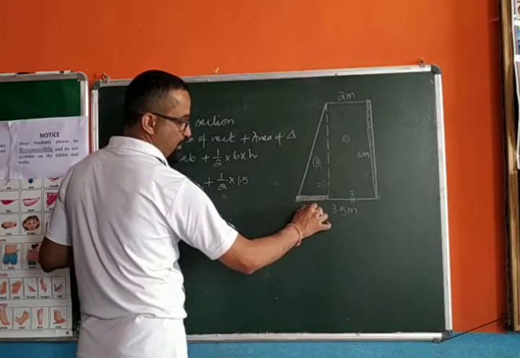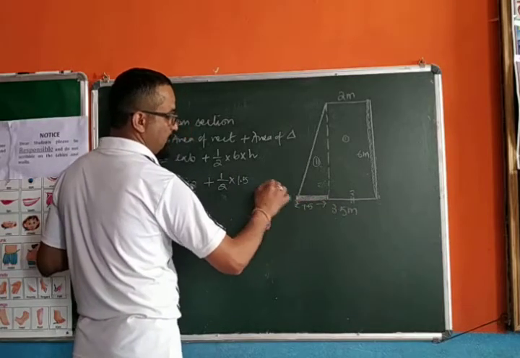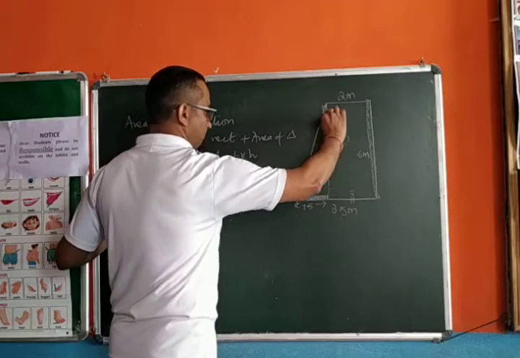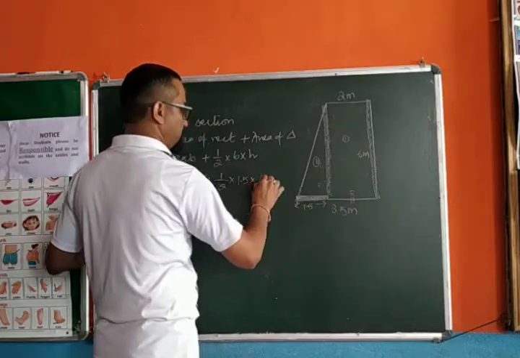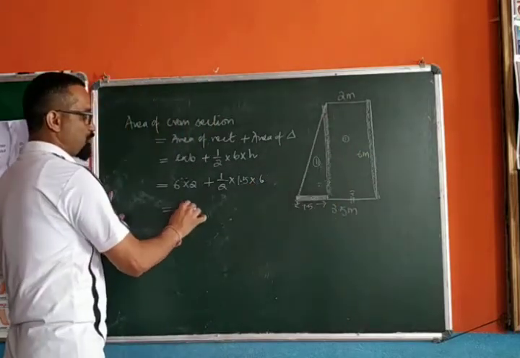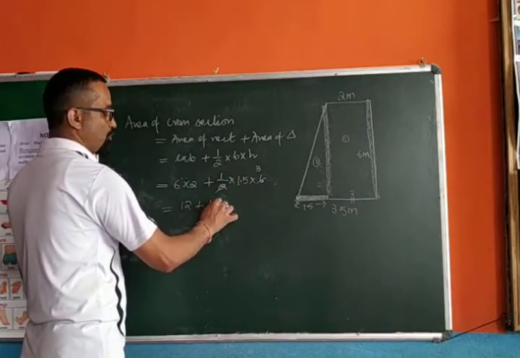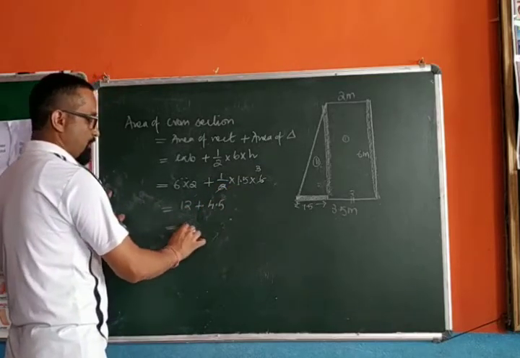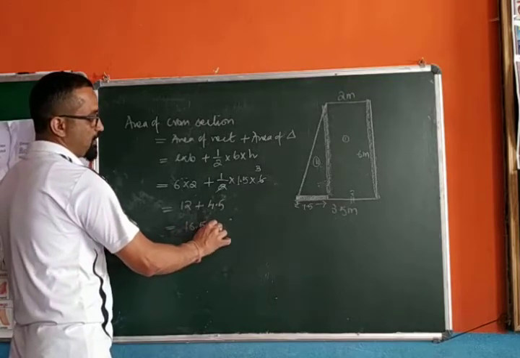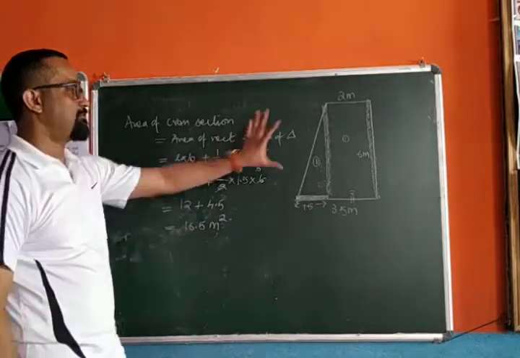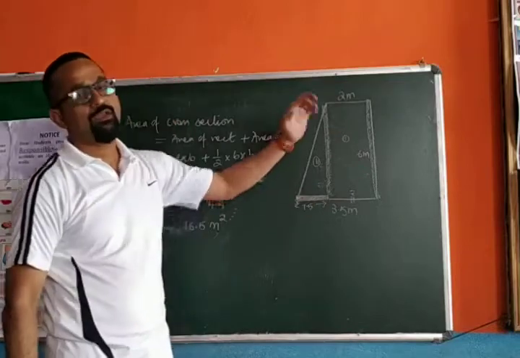This portion is 1.5 meter. Height of the figure is 6 meter. 6 into 2 is 12 plus, cancel this, 3 times 1.5 is 4.5. Added up, you get 16.5 meter square, the area of the cross section.